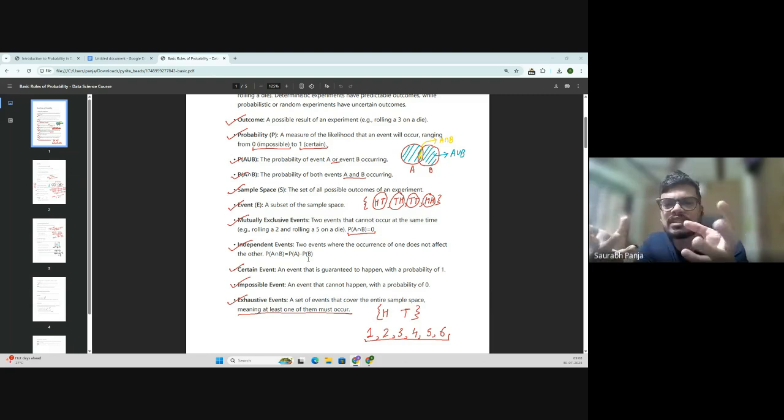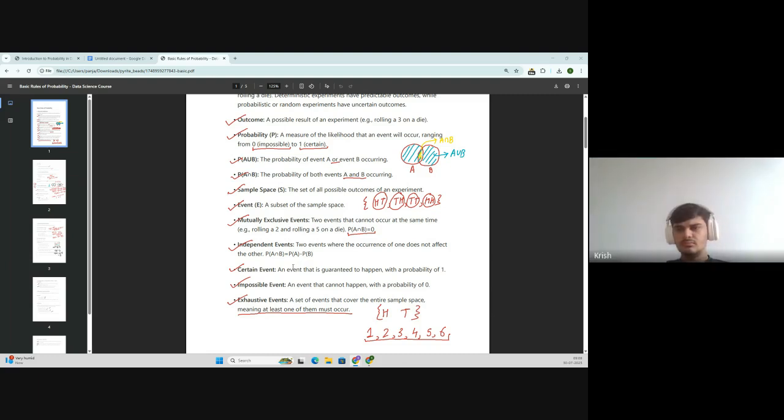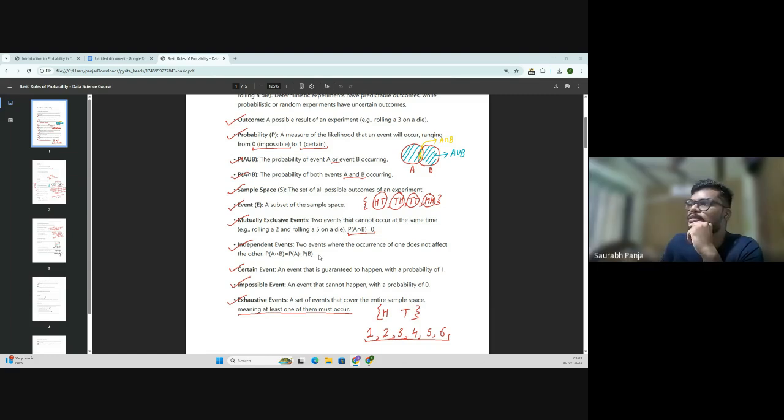Let's take an example again in cricket. Let's think of an example which are independent events. Two events that occur, where the occurrence of one does not affect the other event.